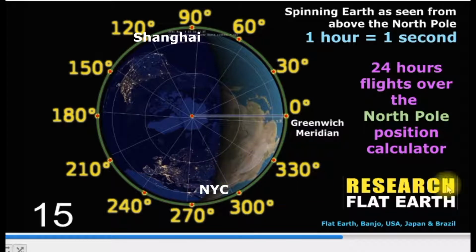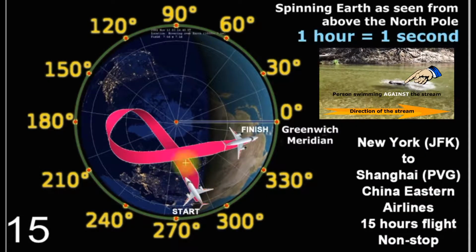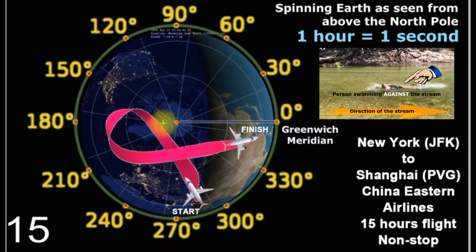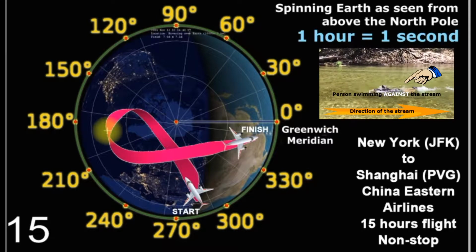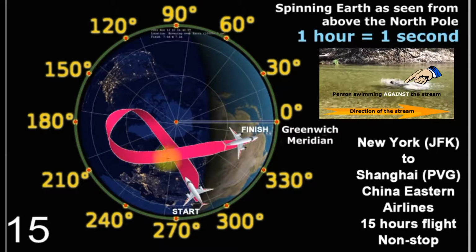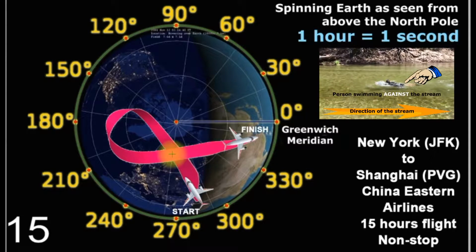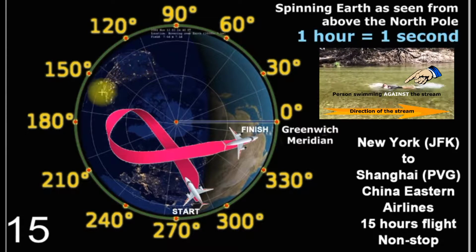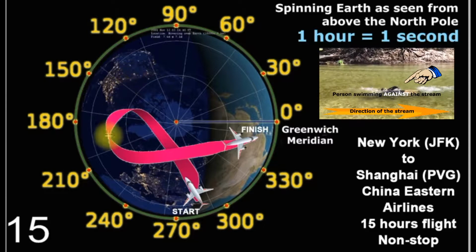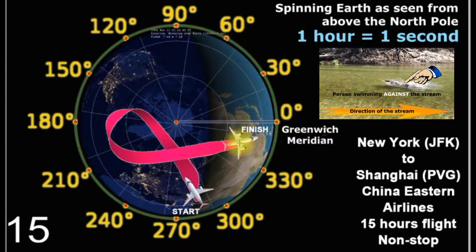So let's look at this flight route. This is the flight route. All of them, you see, go like this because the plane was going this direction, but the Earth was rotating this way. So it makes no sense. This is what's going on right now. The plane starts chasing.